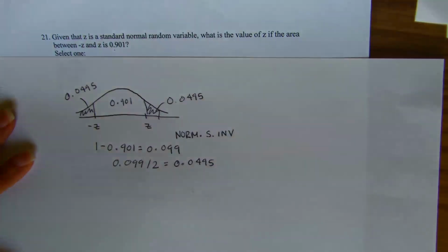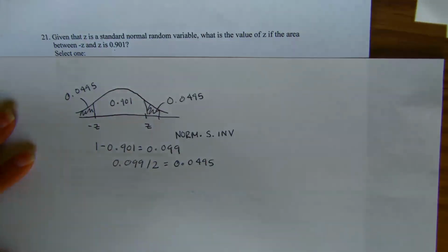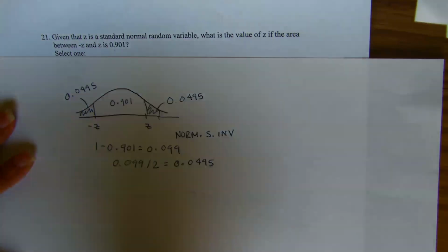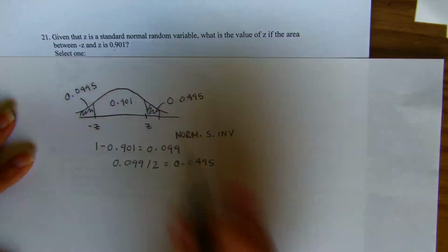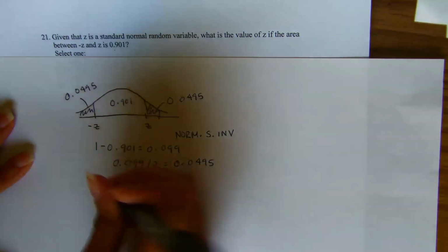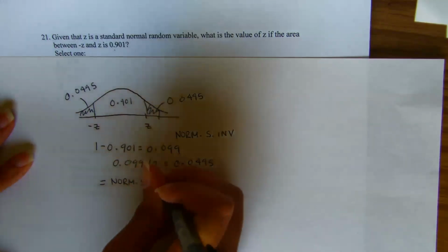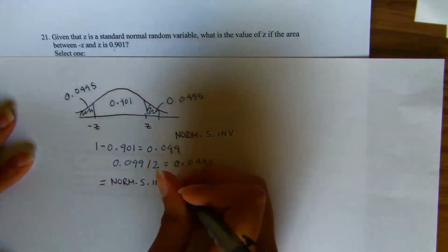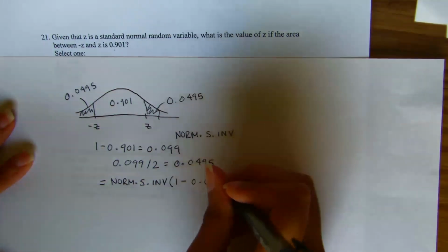And to do this, let's say we want to calculate this positive z value right here. We have to remember that Excel calculates to the left. So if we want the value to the right, which would be this, we would have to use 1 minus. So that would mean we would have to do equals norm.s.inverse, and we would do 1 minus 0.0495.